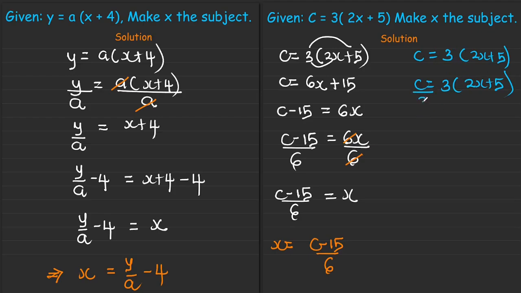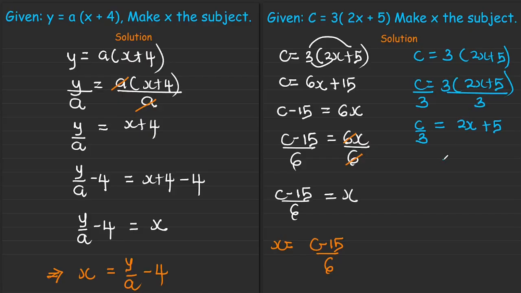So we divide by 3 and also divide by 3. This 3 cancels out this 3. And with that, we'll be left with c over 3 on the left-hand side equals 2x plus 5. That is, after this cancels this, there will be nothing left.